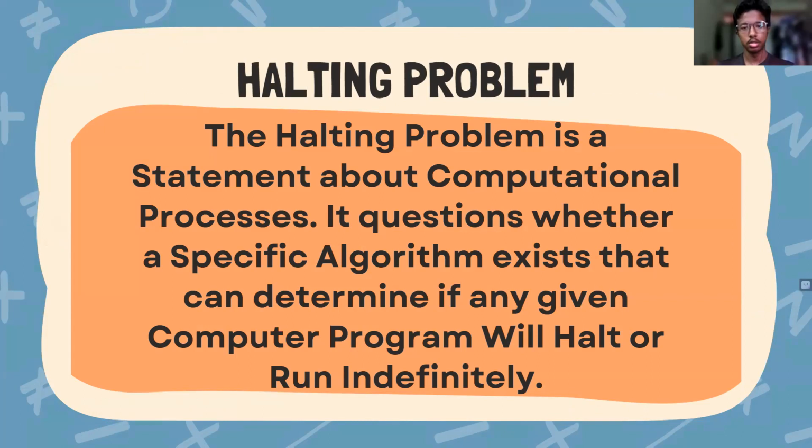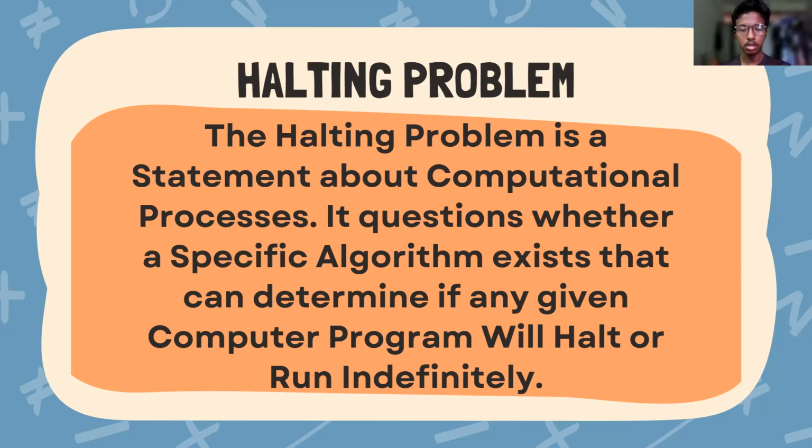Okay, so guys, what is actually halt? Halt is actually to bring to a stop. So the halting problem is a statement about computational processes. It asks whether a specific algorithm exists that can determine if any given computer program will halt or run indefinitely.